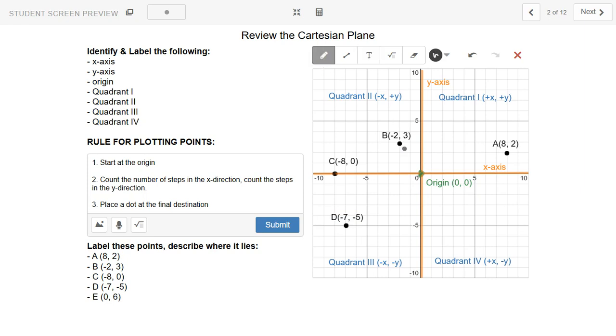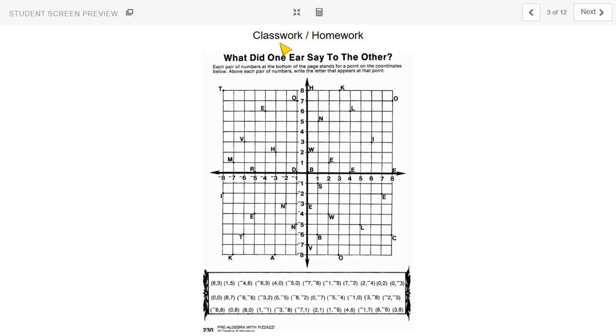We're going to go 0 steps left or right and go up by 6 units. We have our point E here. And once again, point E is not in a quadrant, but rather it is on an axis. It's on the y-axis.